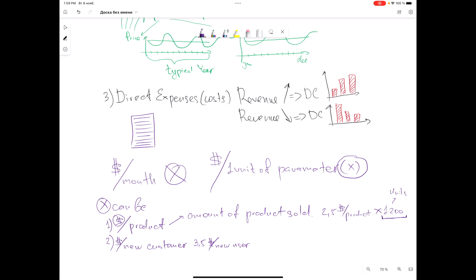And to calculate direct expenses right, you will have to calculate the amount of new users. So you have to make some preparations to calculate these direct expenses. Or, for example, this can be dollars per one existing customer.